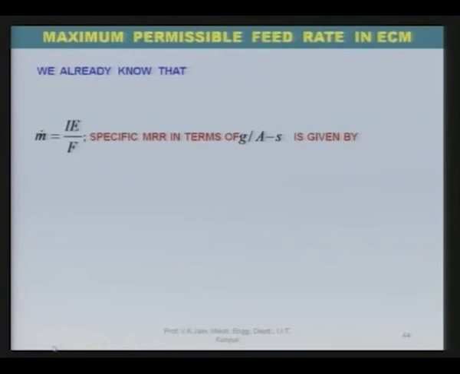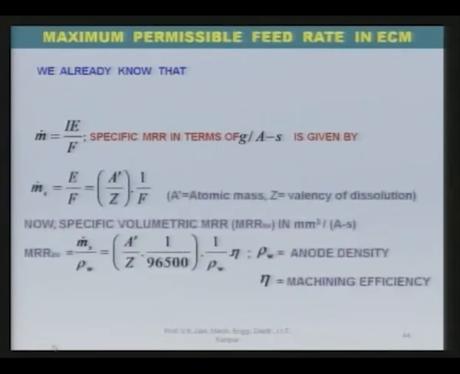We already know from the first lecture of theory of ECM that m dot, that is the mass removal rate, is equal to I E over F. Now, if we want to calculate specific material removal rate in terms of gram per ampere second, then you divide this particular equation by the current I, that is amperes, then we get m dot_S.